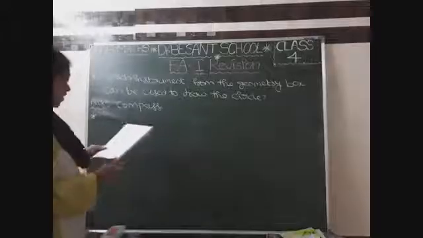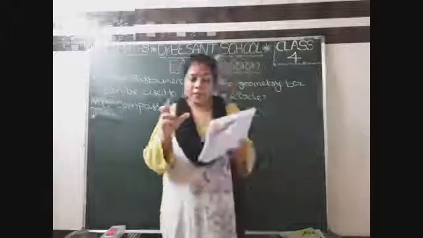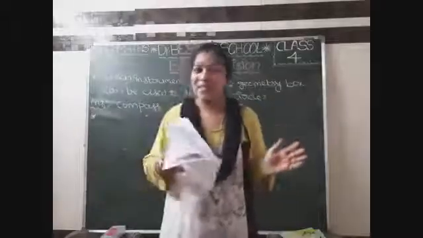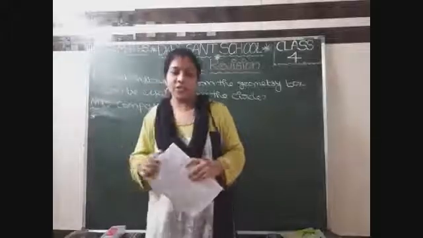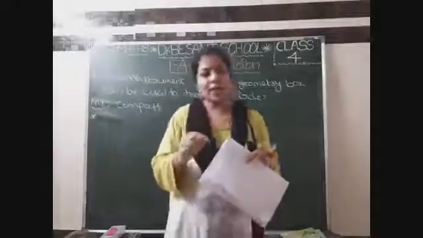Okay? See, what is the next question? Very interesting question. What is used to tighten the compass and for the movements of its arms? Hinge. Very good. I already showed you in the previous video. The hinge is used to tighten the compass and for the movements of the arms also.